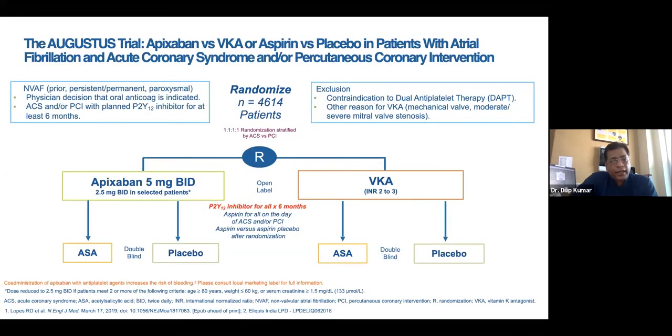So the AUGUSTUS trial, which was the largest in this field, or maybe the best designed trial, randomized 4,614 patients, and it was a 2x2 factorial design trial. The randomization was not sequential; it was simultaneous. The patients were grouped into either apixaban 5 milligram twice daily or VKA, and these groups were further subdivided into aspirin and placebo arms.